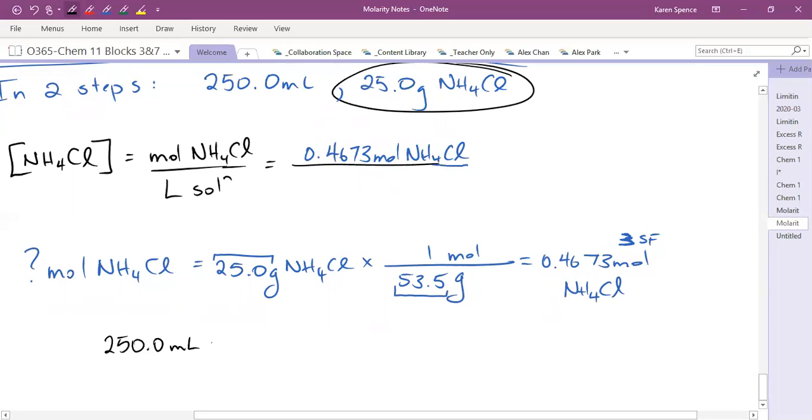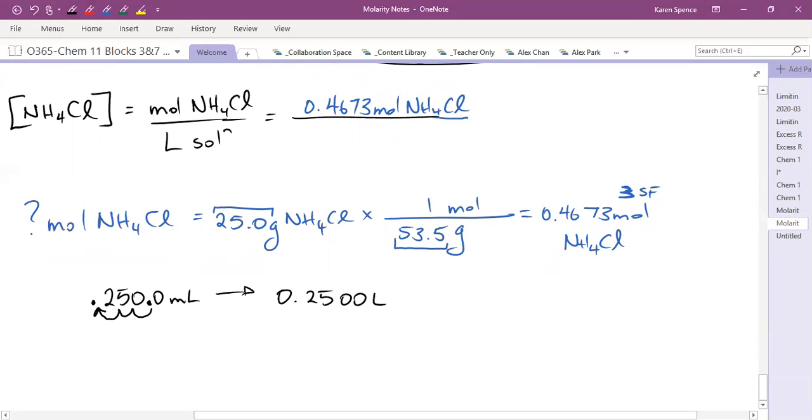You could either simply move the decimal place 3 places, 1, 2, 3, which would give us 0.2500 liters, or you could say my liters is 250 milliliters times, we want to cancel milliliters, and we want to find liters.